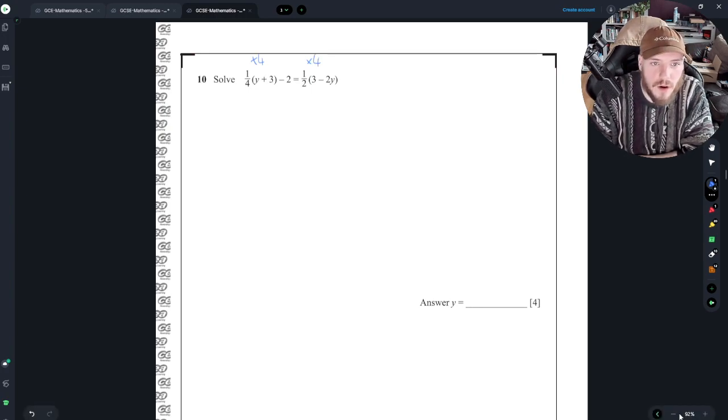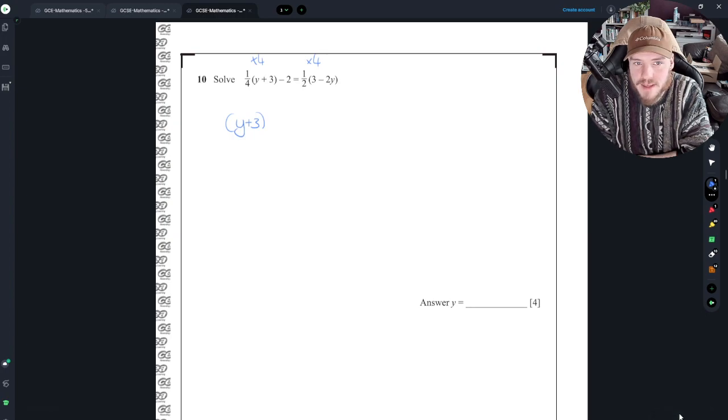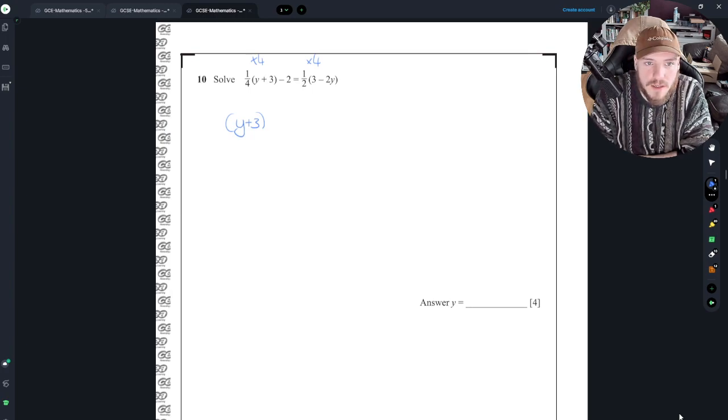So our new equation will look like y plus 3. Now remember, we're multiplying everything on this side by 4 and everything on this side by 4. We've multiplied the 4 through here, so we'll just have 1 in front of our y plus 3. Our minus 2 gets multiplied by 4, so it turns into minus 8.